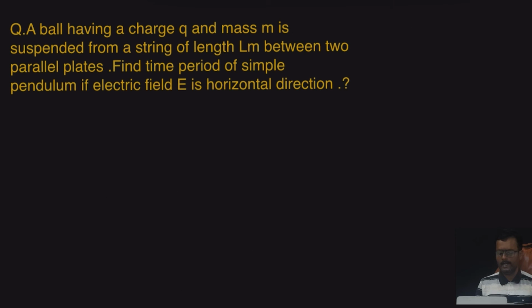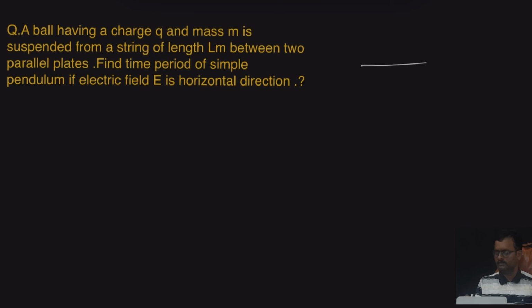A ball having a charge q and mass m is suspended from a string of length L meter between two parallel plates. Find the time period of the simple pendulum if the electrostatic field E is in the horizontal direction. See, the electrostatic field is along this direction. Suppose I take this plate as plus plus plus plus and this plate as minus minus minus.